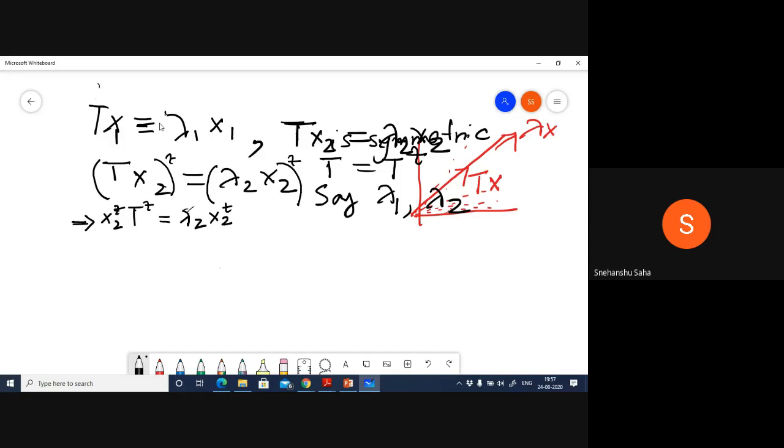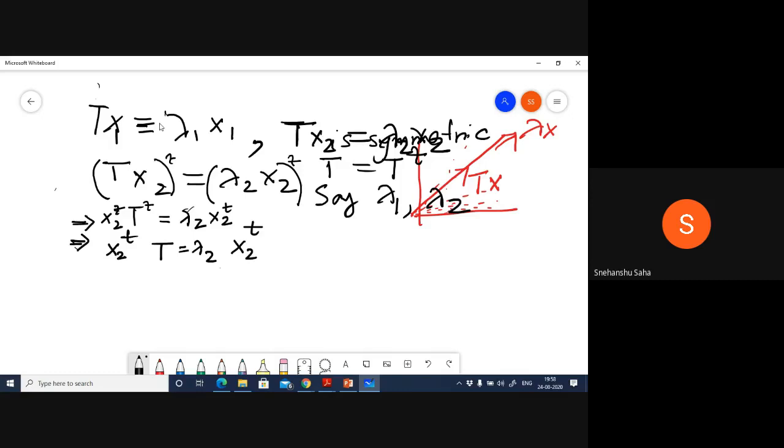Now we also have another interesting property here that we should leverage. Your T is a symmetric transformation, right? Which means your T transpose has to be T itself. So in the next line, I can replace the T transpose with T, and write x2 transpose T equals lambda 2 x2 transpose.